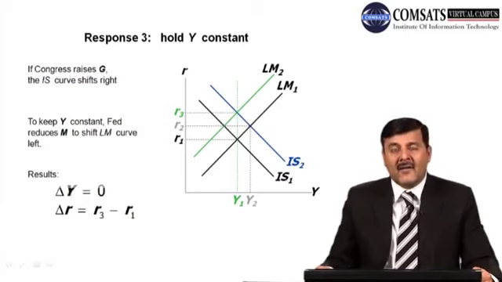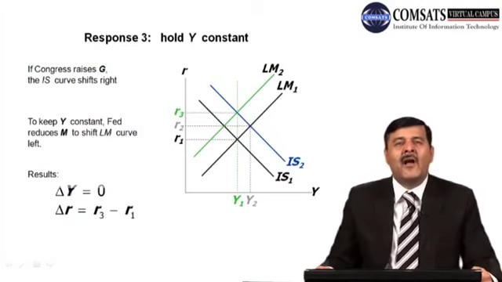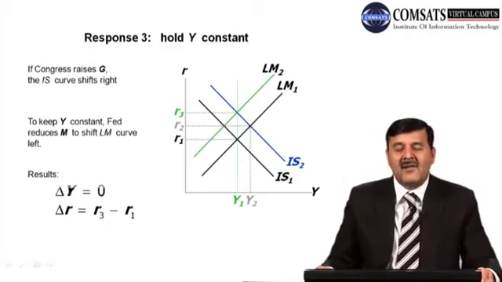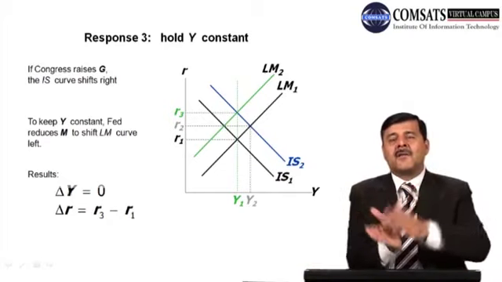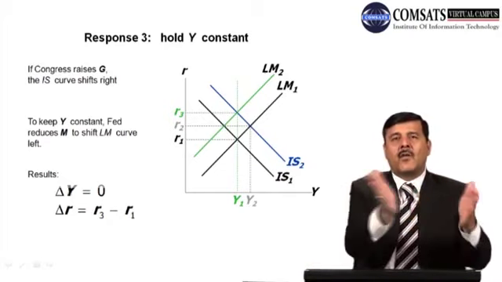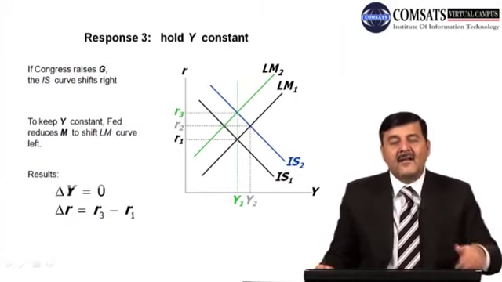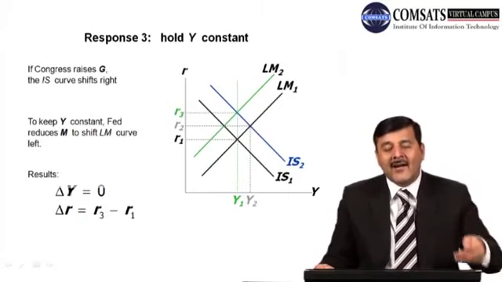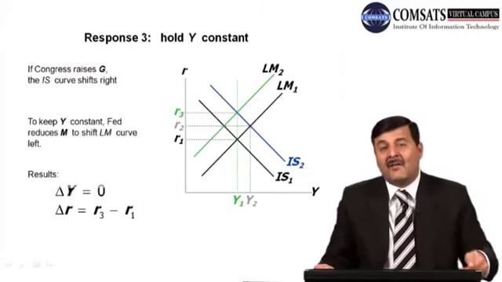But now the policymaker wants to hold the level of income constant. What do they do? They have to reduce money supply in the country. Then the LM curve shifts leftward from LM1 to LM2. Now this new LM curve intersects the new IS curve at a new point where we have R3 rate of interest and Y1 level of income, which is the same level of income.